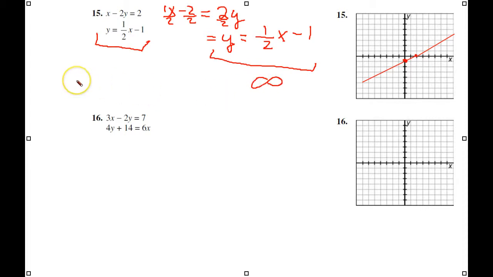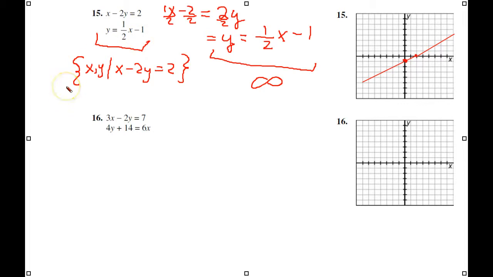Or another way to write it, in what we call set builder notation, is you put a brace and you say x comma y is such that x minus 2y equals 2. And these are the same equations. This is in standard form. This is in slope-intercept form.